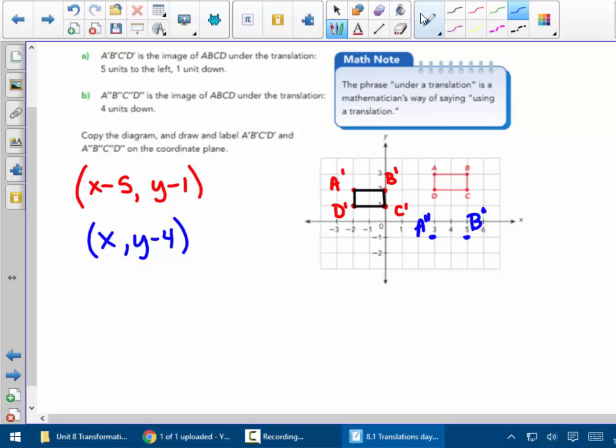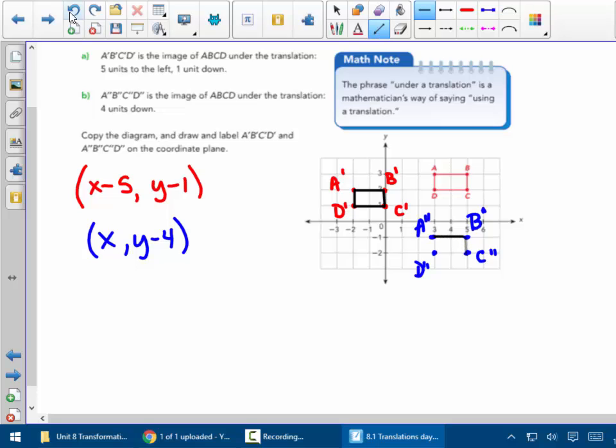Notice I'm putting double primes on here. C double prime, 2 take away 4 will put me at negative 2. And D double prime will come down here. So 2 again, take away 4 would be negative 2. And using my straight edge, I'm going to connect these points.